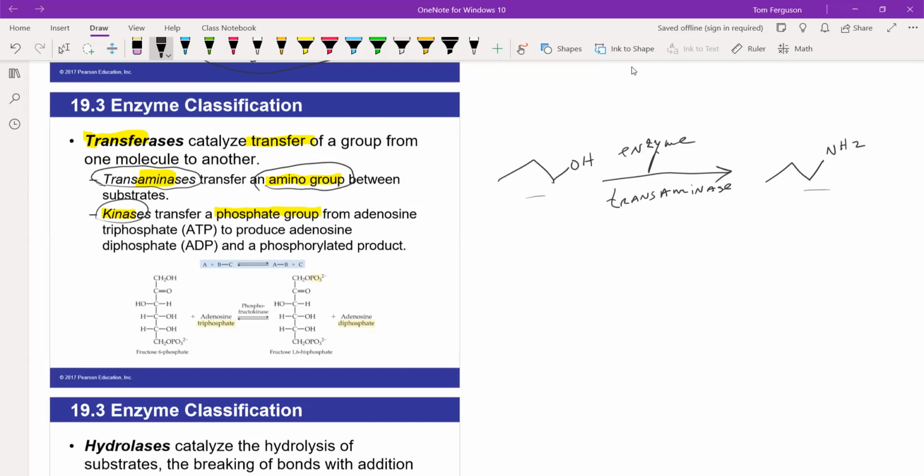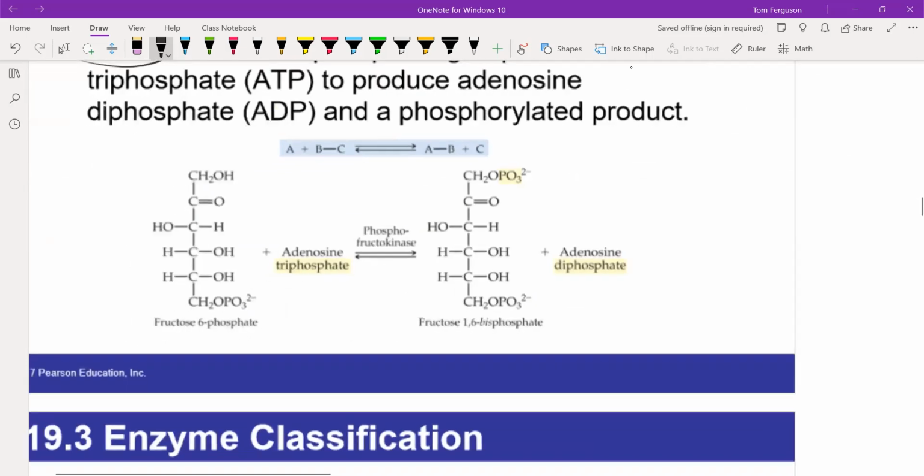For example, the third step of glycolysis is this here, where we have a phosphorylated fructose, and based on the kinase, we've added another phosphate group on the carbon number one. And to do that, where does it get the phosphate group from? From an ATP. So the ATP becomes an ADP. That phosphate group is transferred up there.